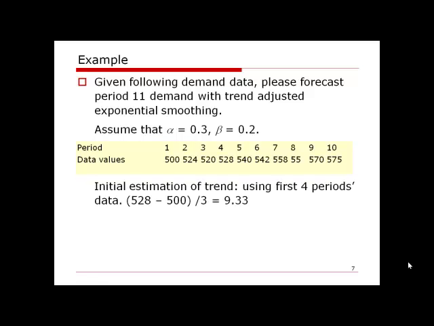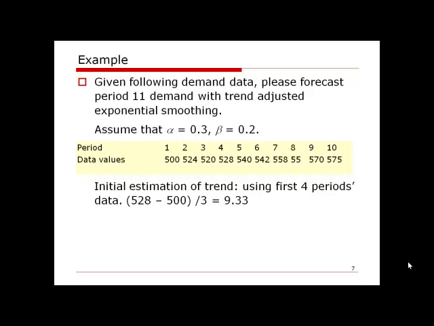Now, let's see how we calculate the initial estimation of the trend. We use the first 4 periods of data, which is period 1, 2, 3, 4, to calculate the initial estimation of the trend. We see that from period 1 to period 4, the value of the demand increased from 500 to 528. So the difference is 528 minus 500, which is 28.